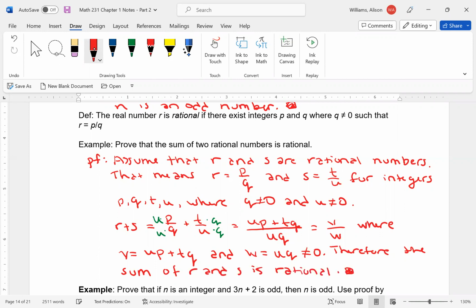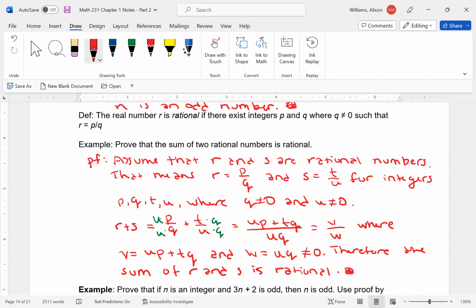Now, what we've done here is generalized proving. I randomly chose some arbitrary rational number called R and another arbitrary rational number called S. And all I know is that because they're rational, they look like fractions, and I gave them a form. This is that universal generalization strategy.